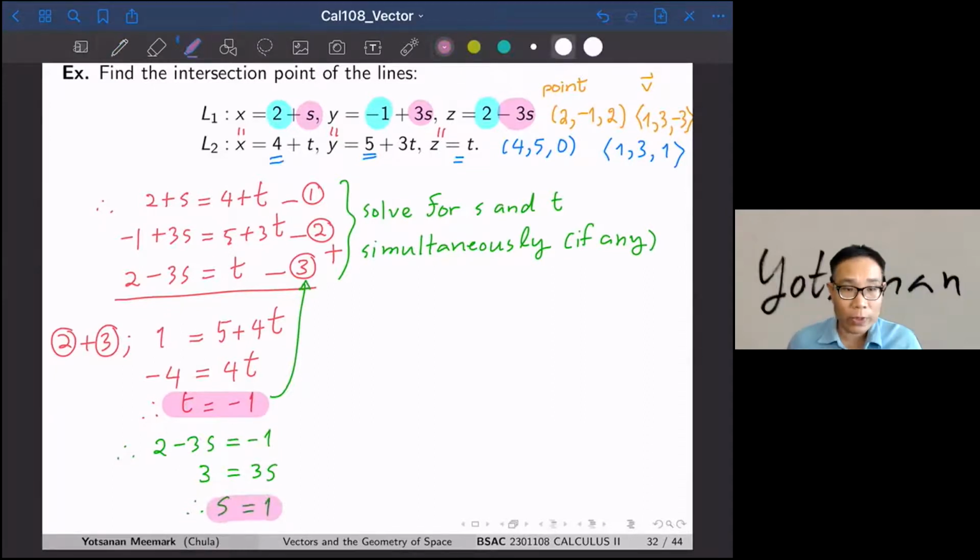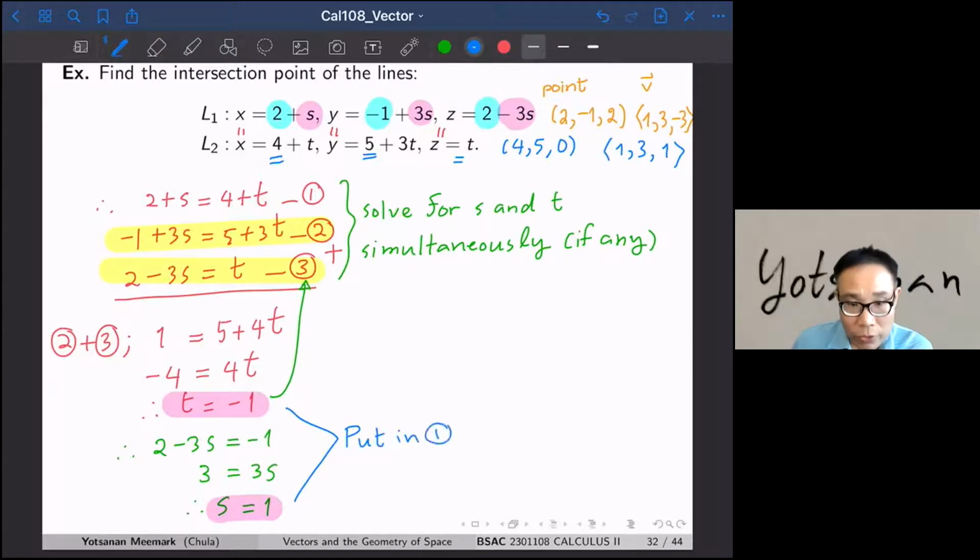So this used the second and the third equations simultaneously. Now we're going to put the s and t that you have here into the first equation. So you get 2 plus 1 equal to 4 plus negative 1, to see whether that also satisfies equation 1.